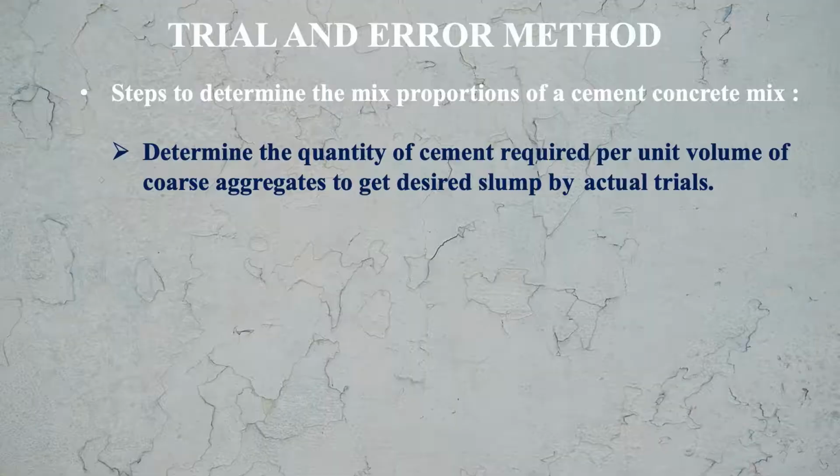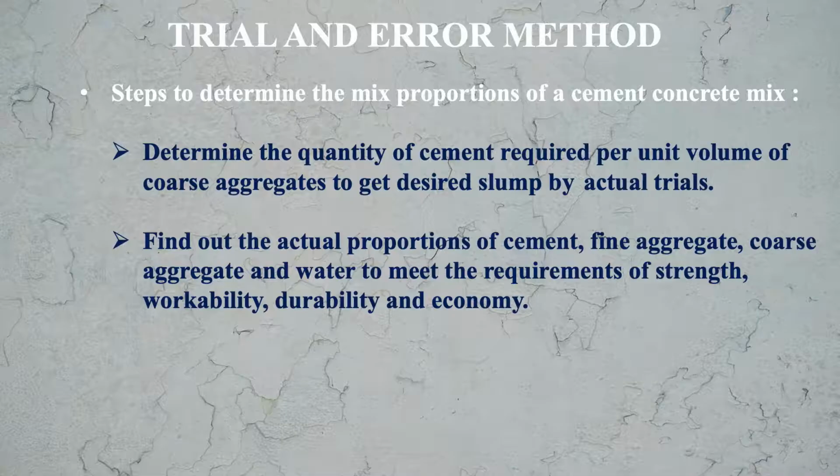Now the next step is to determine the quantity of cement required per unit volume of coarse aggregate to get the desired slump by actual trials. Means here we will be determining the amount of cement per unit volume of the coarse aggregate to get the desired slump, and we will be doing it by actual trials.